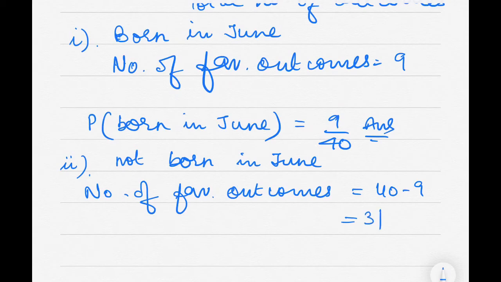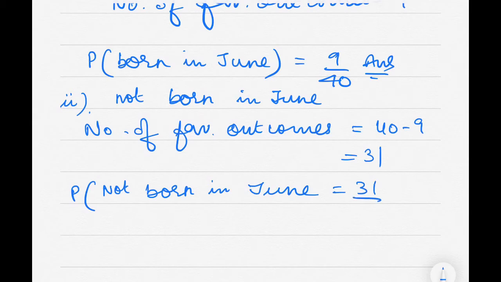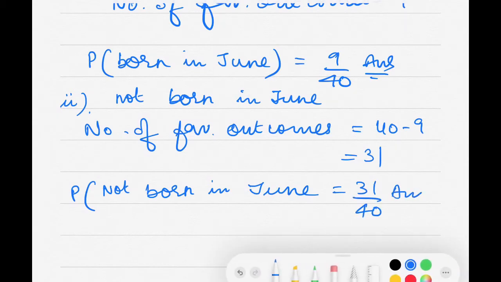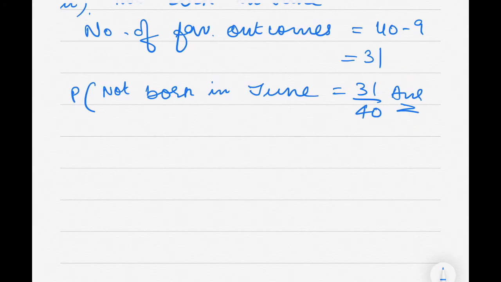That is equal to 31. So the probability of a student not born in June will be equal to 31 by 40. That will be my answer. Okay, so this finishes another 3-mark question. Now we'll move to question number 12.